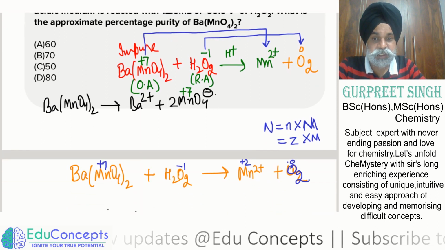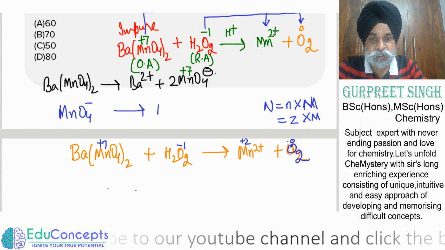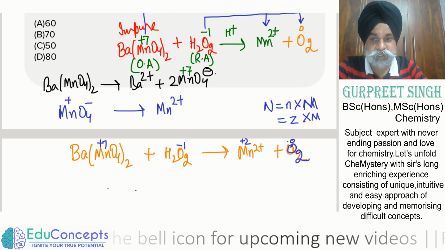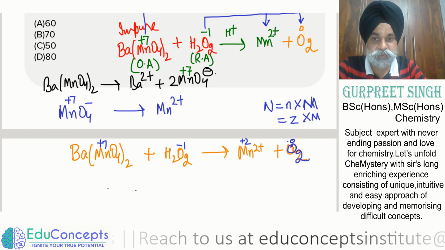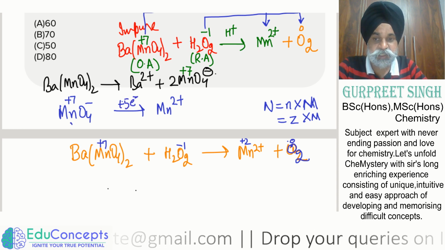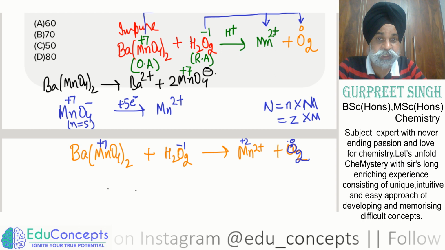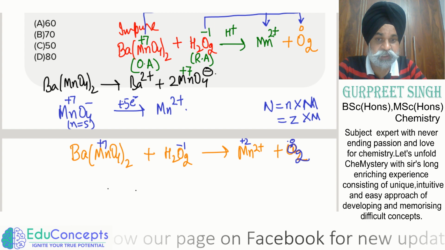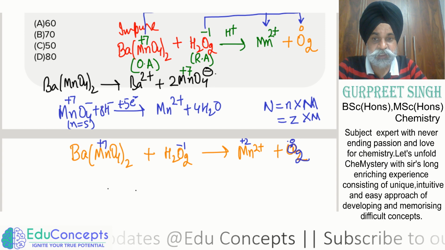Now see, the chance of a mistake here is that permanganate ion in acidic medium goes to Mn2 positive, from +7 to +2. So if I tell you without balancing, it is going to take 5 electrons going from +7 to +2. So its n factor is going to be 5. This is a silly mistake which may be made by a student, though there is nothing wrong in it. It is perfectly fine. If I do it for you, this is the case: 8H positive and 5 electrons.